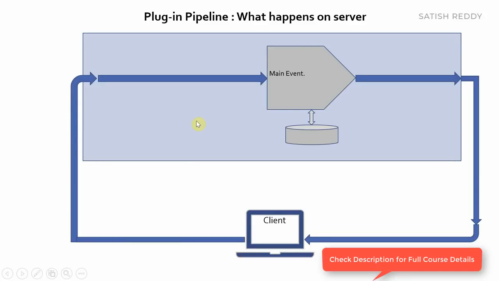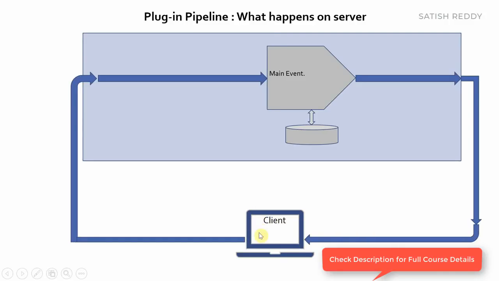Now we need to understand the plugin pipeline. Here you have a basic client. This part is the client, and this entire big box is the server. Here we have lots of abstraction. For example, the user is on this laptop, accessing let's say a contact record.